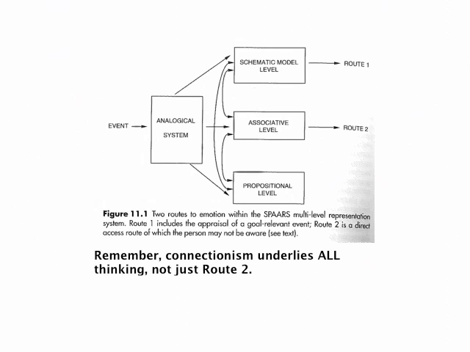So, again, just to recap, Route 1 is the effortful schematic-based appraisal. Remember, it's not effortful in the normal sense. It's just more burdensome, more taxing to the information processing system because even when it happens fully outside of conscious awareness, it still involves higher level, more complex organizations of information than the associative level.